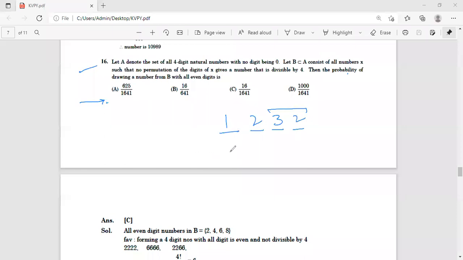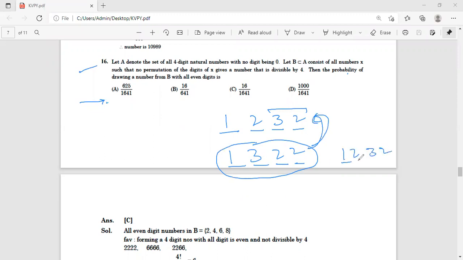So even if the number is 1322, this number is not accepted because any permutation of this. So this is one of the permutations, like one of the arrangements. So 1, 2, 3, 2 is the arrangement of this. Since this is divisible by 4, this number is also not accepted.